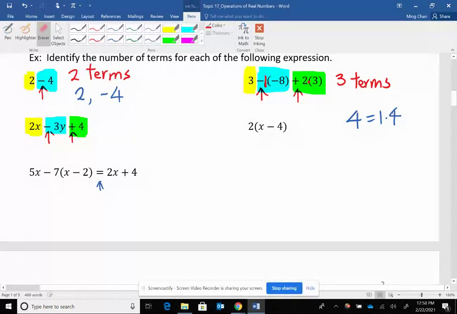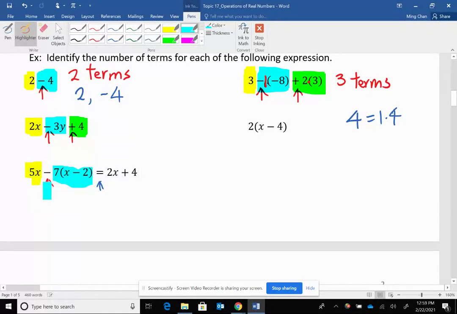All right, if you look on the left side of the equal sign, there's a subtraction sign outside the parentheses. So one subtraction sign separates 2 terms. What's in front of the subtraction sign is a term. What's behind the subtraction sign is a term. I highlight all the way to the equal sign, right? This is the left side.